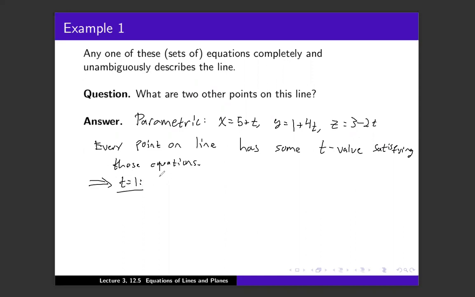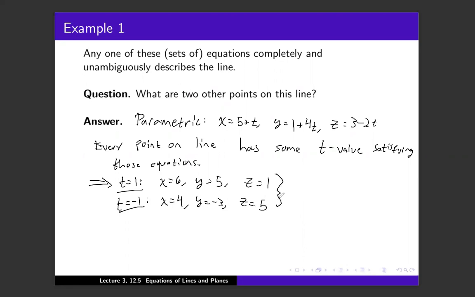t equals 1 is going to give us x is 6, y would be 5, 1 plus 4, and z would be 1. Or you could take t equals negative 1, which in this case would be x equals 5 minus 1 is 4, 1 minus 4, so y is going to be negative 3, 3 minus negative 2, or 3 plus 2, so z was 5.